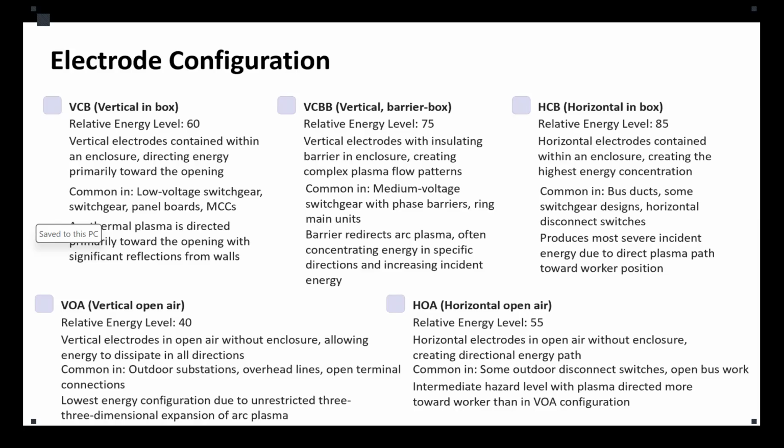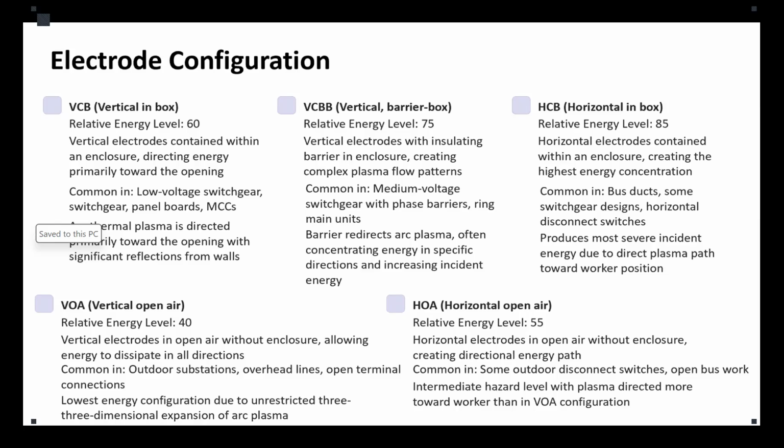So in simple terms, whether the electrodes are horizontal or vertical, inside the box or in open air, or have barriers, all alter the arc's expansion path.